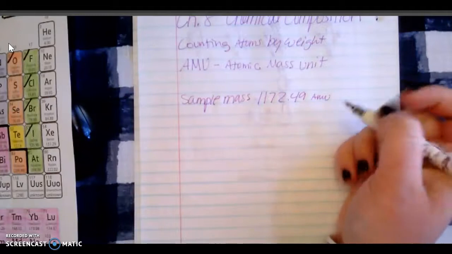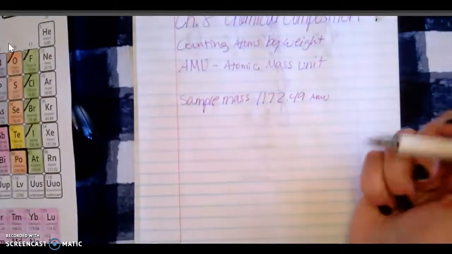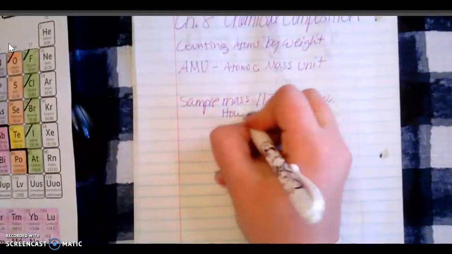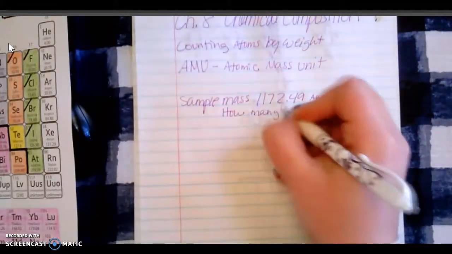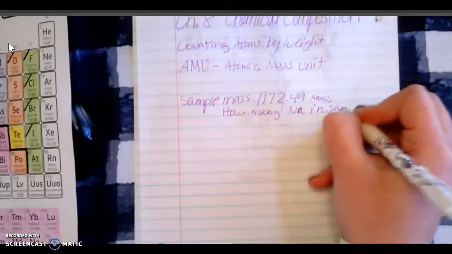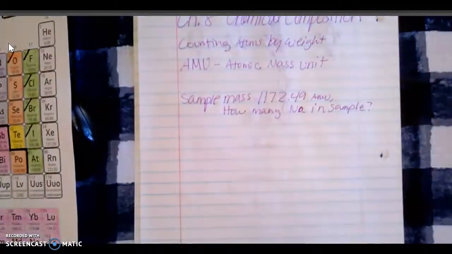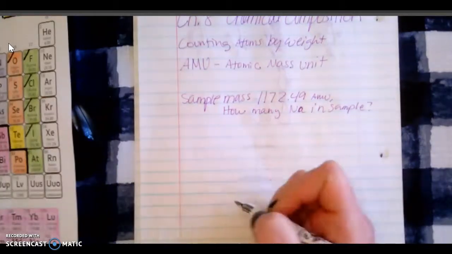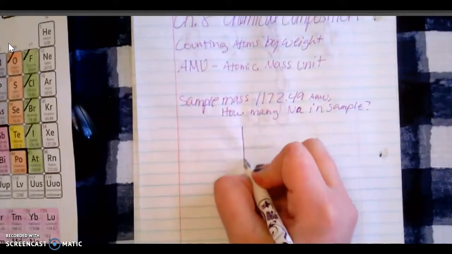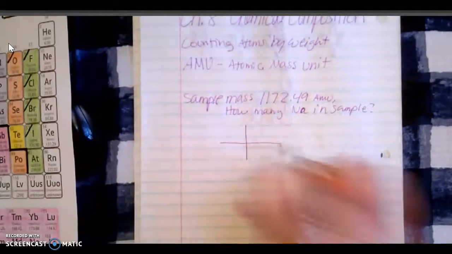We can figure out how many sodiums are in the sample. If you remember from the beginning of the school year, we are going to solve this using a T-chart.